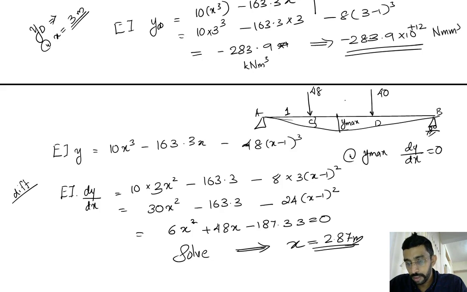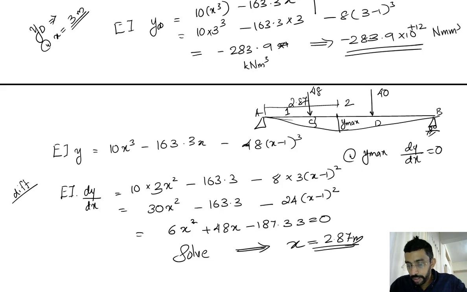Here the length is 1 meter, here the length is 2 meters. That means somewhere between C and D, exactly at 2.87 meters from A, we have the maximum value of y. Now things are very simple. You substitute x equal to 2.87 by considering the first two blocks. That's all. That is the end of the solution.